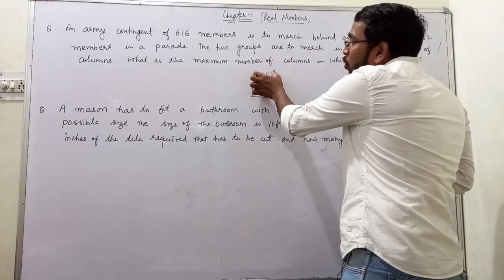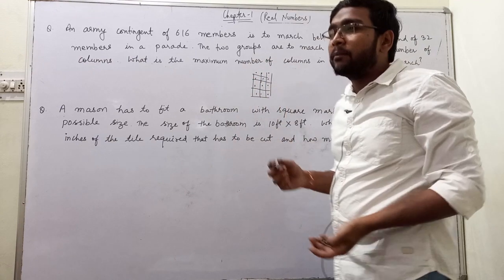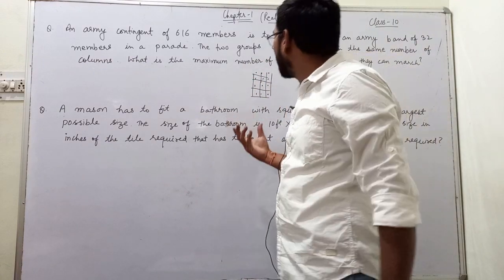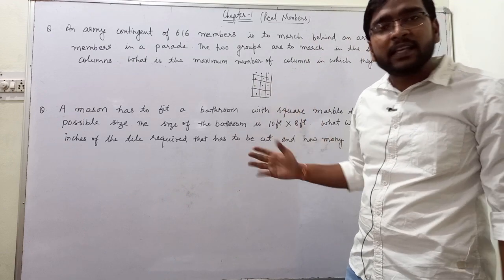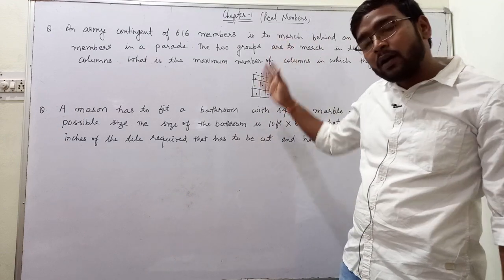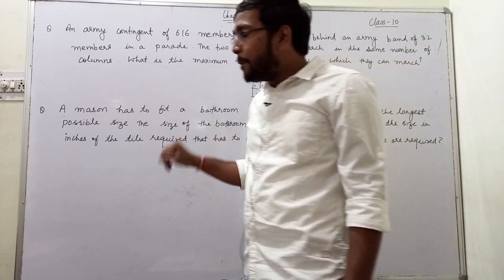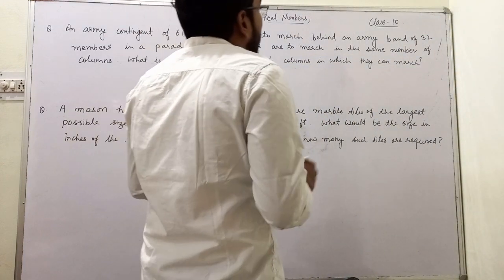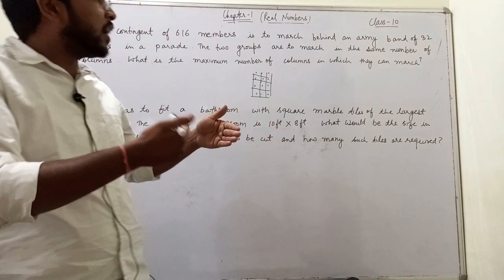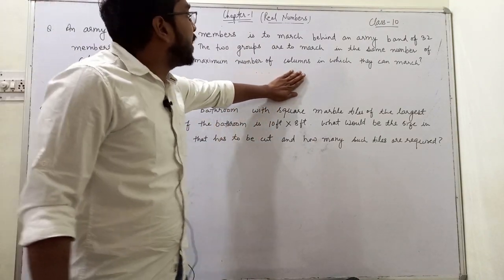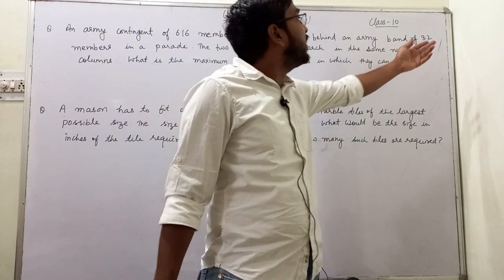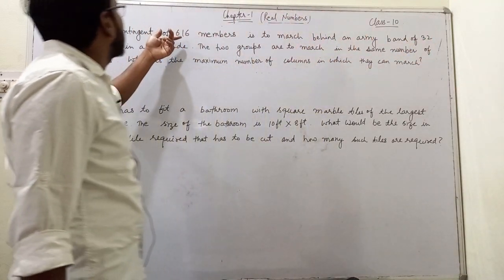Means the number of members of the army in each row is the same, and in every column is also the same. So the number of members which march behind the army should divide 32 and 616.